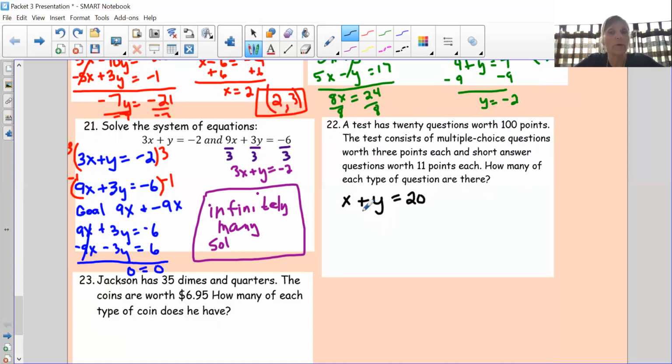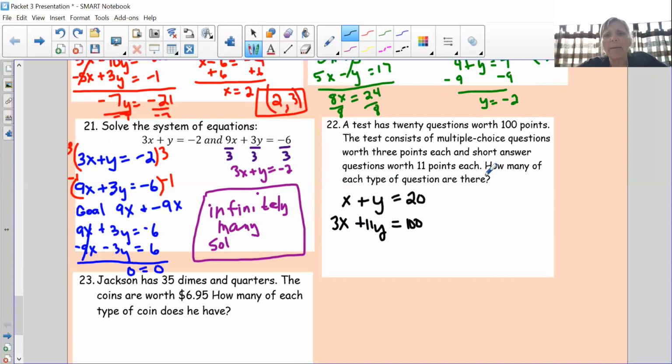Okay, now point value. One type of questions is worth 3 points. And the other type question is worth 11 points. So every one question is worth 3. So 3 times every type of question, that type of question is 3x and 11. And the total point value is 100. Okay, so writing the two equations.